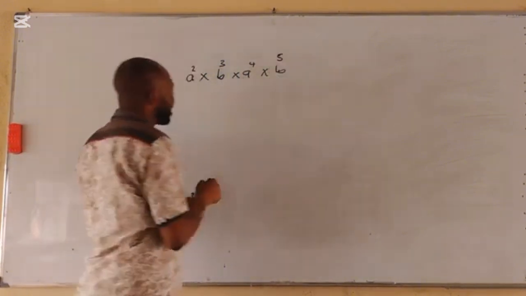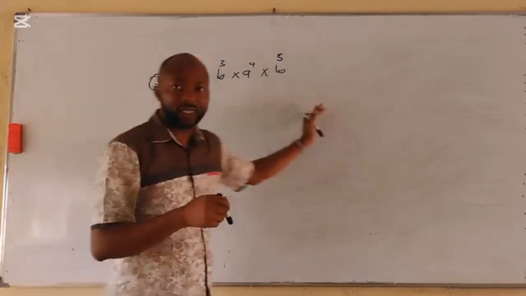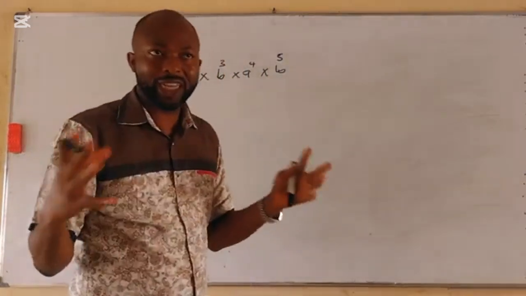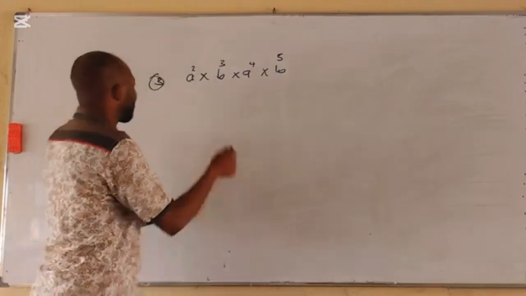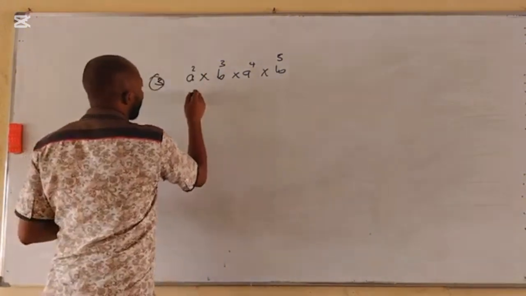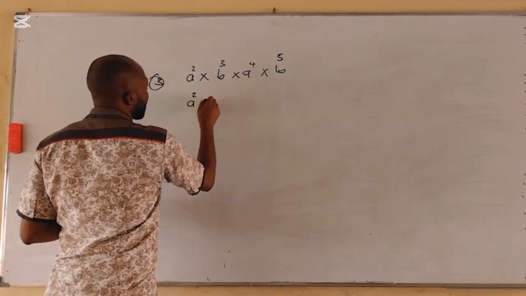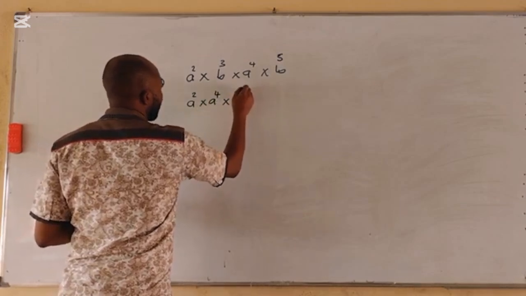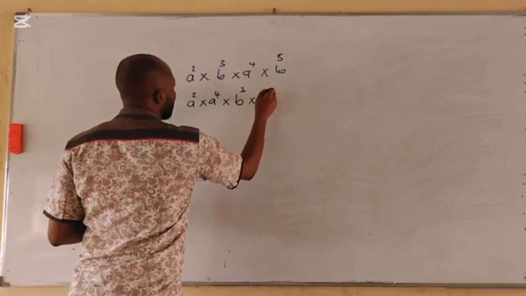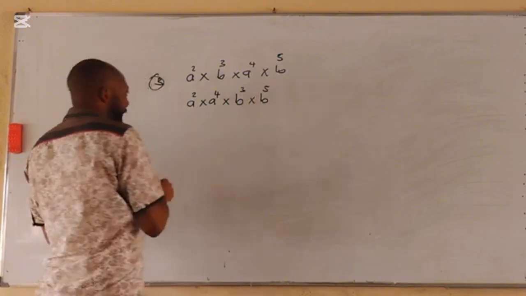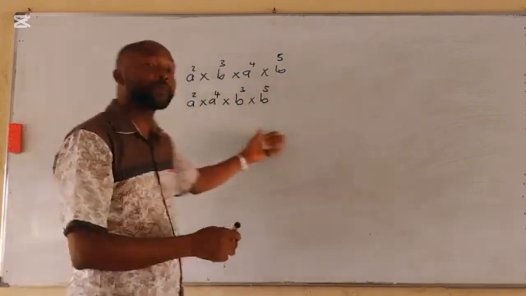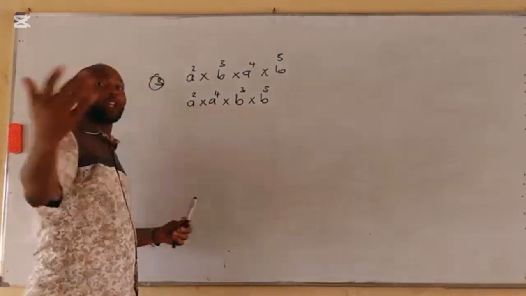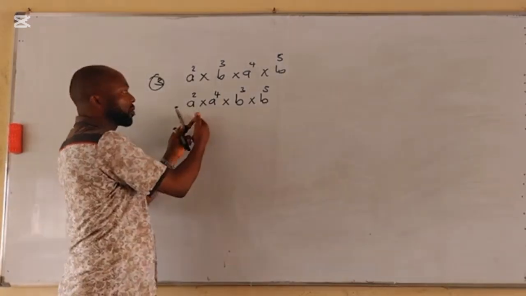So if you check here, we have different bases. So I have to collect the like terms, those that are similar, and bring them together. So I will have a raised to the power 2 times a raised to the power 4 times b raised to the power 3 times b raised to the power 5. So I have to regroup them, because in this manner I cannot proceed. These go with the law that when numbers with equal bases are multiplied, we add their powers.